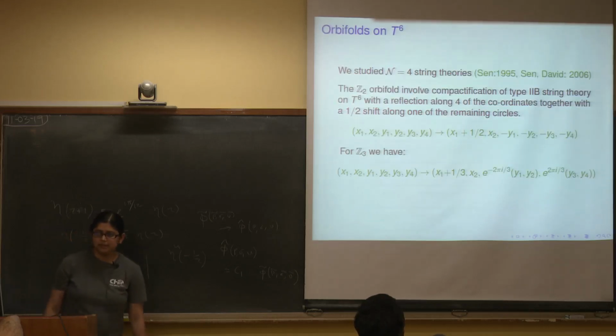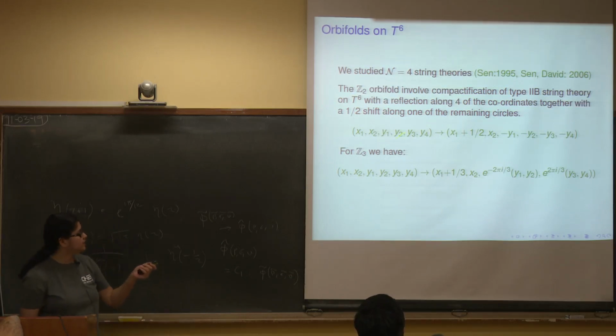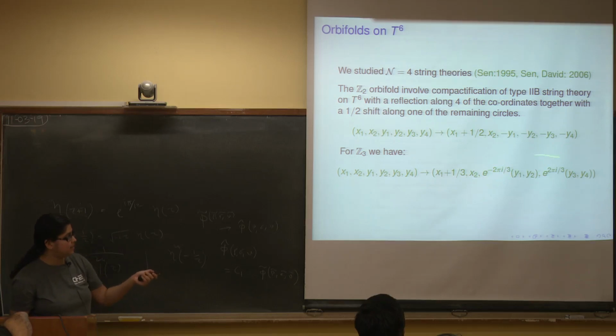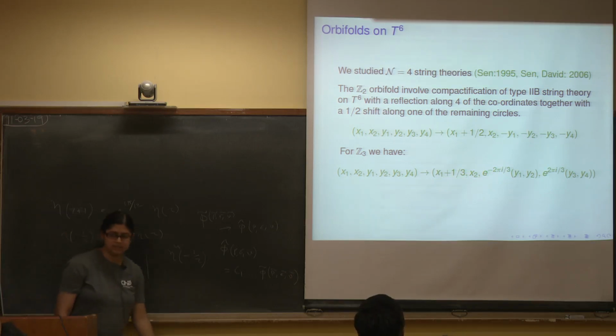So for the N=4 theories, this Z2 action on the T6 is actually a reflection on 4 coordinates and a 1 by n shift on 1 coordinate, a 1 by 2 shift here. And for Z3, it is for 4 coordinates, 2 of them get a plus phase and 2 of them get a negative phase, and one of the circles has a shift of 1/3.